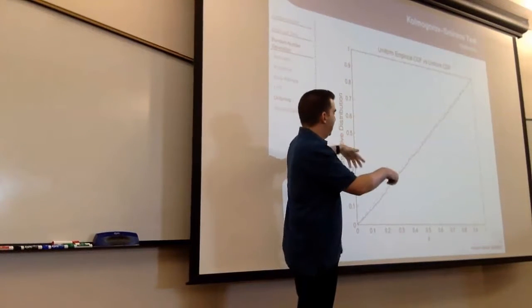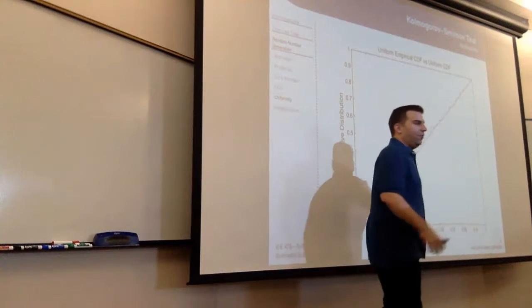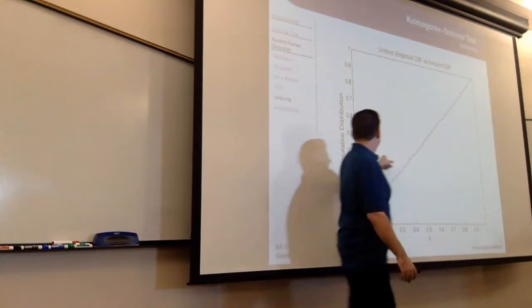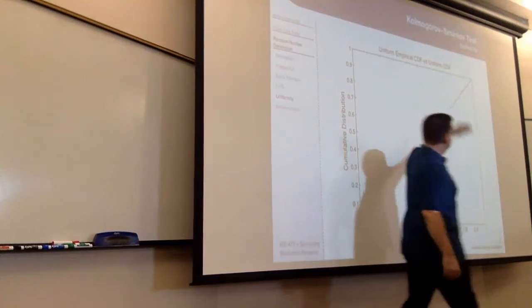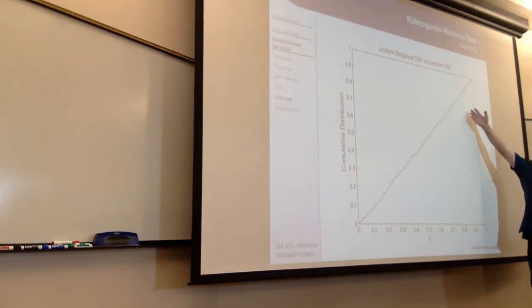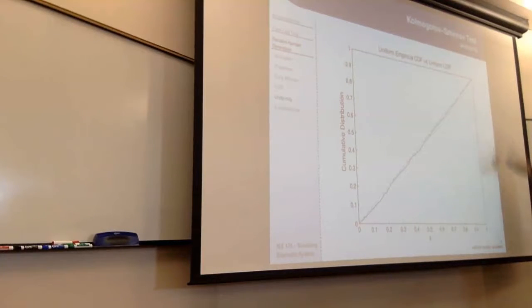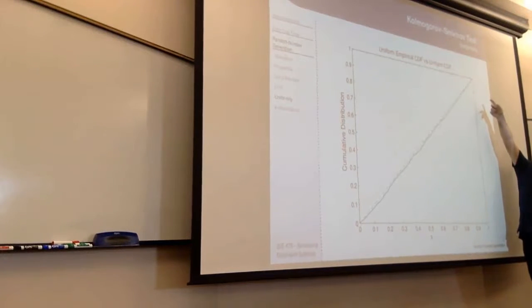Let's say I had 100 numbers, then 0.4 might be the 40th number. So I plot 0.4 against its rank, which would be like 40 out of 100. Every one of these, I'm just plotting the data against their sorted rank. And so the highest data point I got, let's say, was 0.9999. Well, it's the highest, so it shows up at 100 over 100, and that's why it gets the point up there.